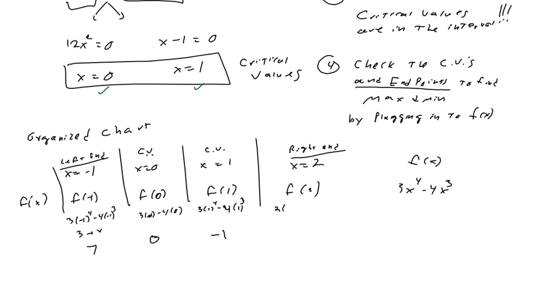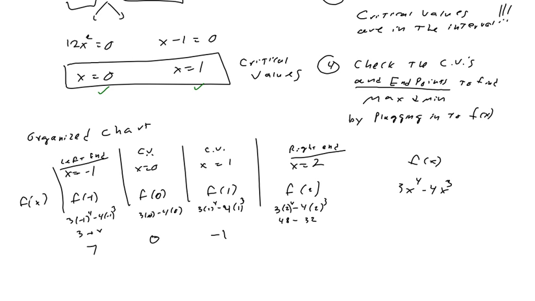Let's see, 2 to the 4th is 16. 16 times 3 is 48. 48 minus, let's see, 2 cubed is 8. 8 times 4 is 32. So minus 32. 48 minus 32 would be 16. All right.